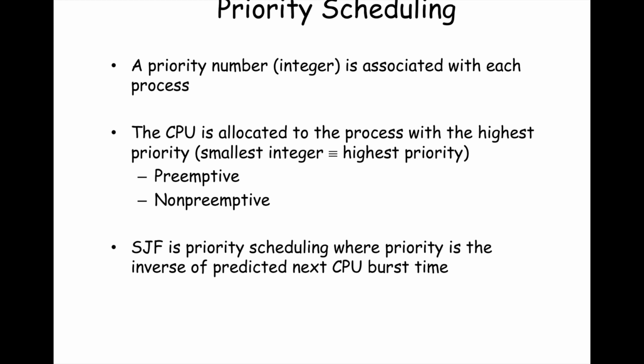There are two versions of priority scheduling. One is called preemptive and the other is non-preemptive. With the non-preemptive version, once that particular thread has used up its time on the CPU, it exits and then the next higher priority one is selected.